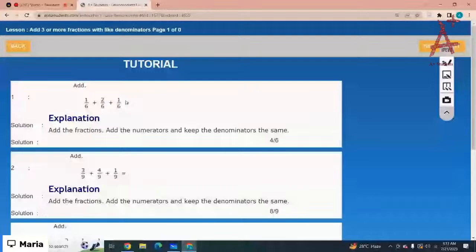Same thing you have to do with this one. 3 over 9 plus 4 over 9 plus 1 over 9. They have the same denominator 9.